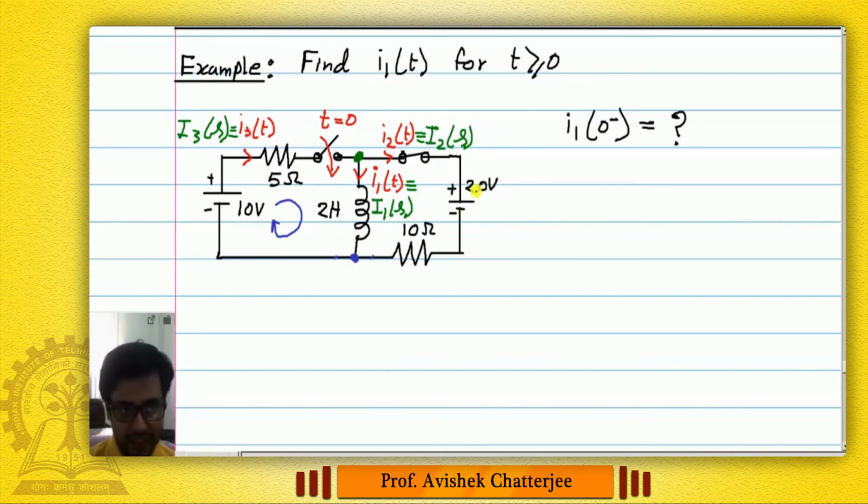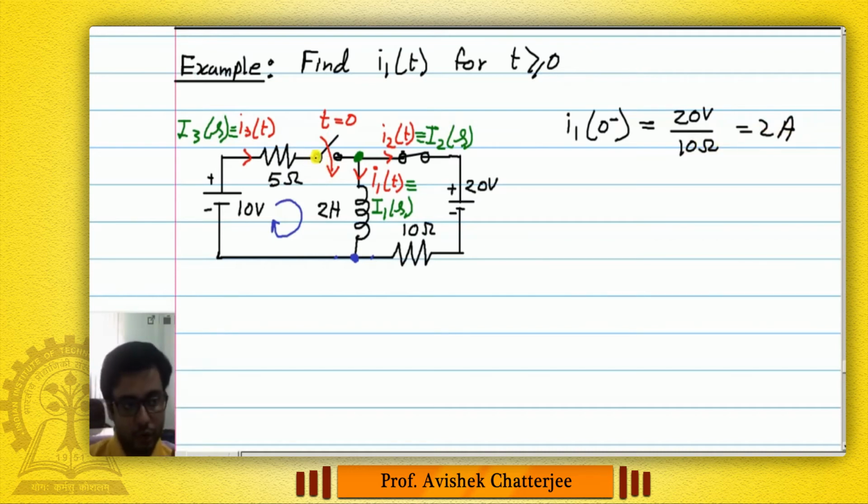This battery is 20 volt, this resistance is 10 ohm. Inductors in steady state in a DC circuit act as a short circuit, so this current before the switch was closed was equal to 20 volt by 10 ohm, equal to 2 ampere, before this switch is closed.